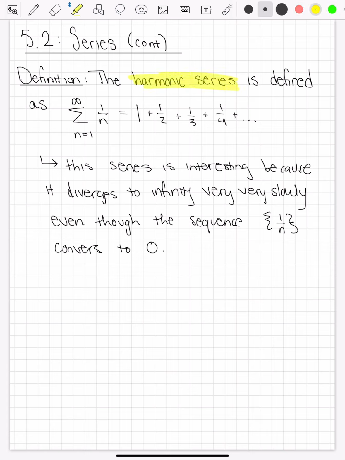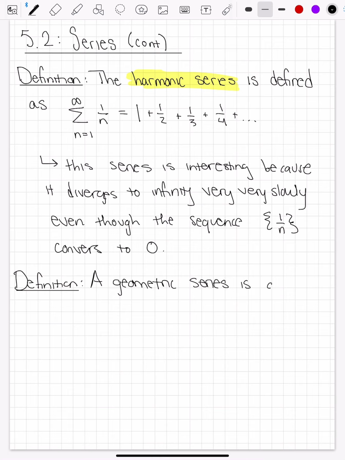And then another series that's worth defining: we saw geometric sequences, and now we'll define what it means to be a geometric series, which is the same exact analogous concept. A geometric series is a series of the form the sum from 1 to infinity of a times r to the n minus 1.